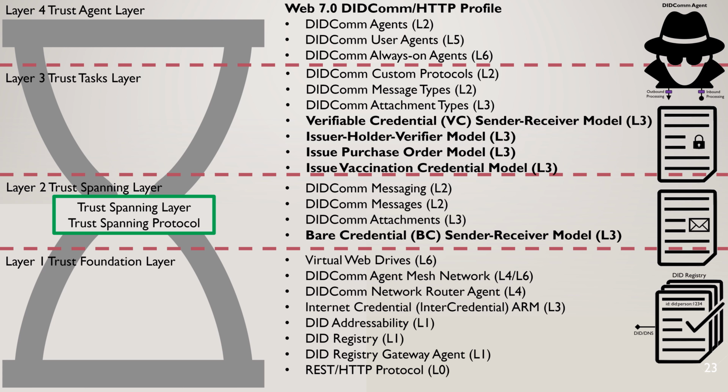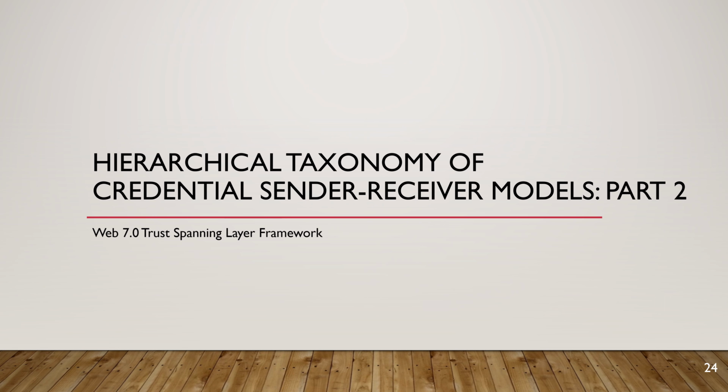They all derive from the verifiable credential sender-receiver model. The verifiable credential sender-receiver model, in turn, is a specialization or a derivation of the bare credential model. So let's continue.